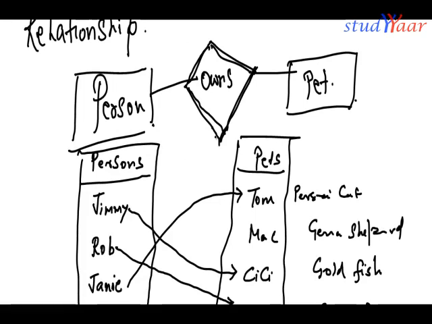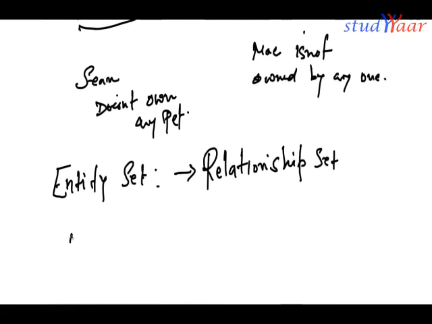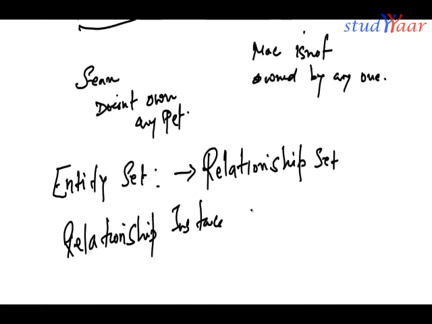Next, what we'll see is a relationship instance. A relationship instance is one of the values in the relationship set.